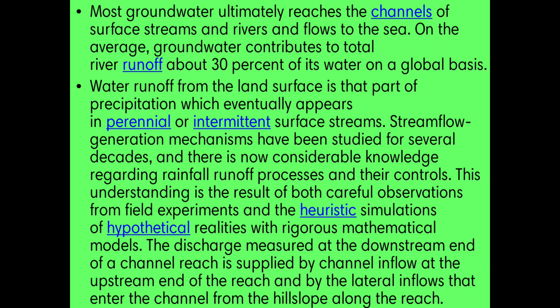Most groundwater ultimately reaches the channels of surface streams and rivers and flows to the sea. On the average, groundwater contributes about 30% of total river runoff on a global basis. Water runoff from the land surface is that part of the precipitation which eventually appears in perennial or intermittent surface streams.